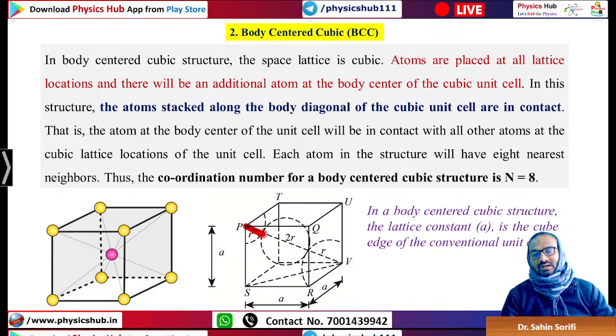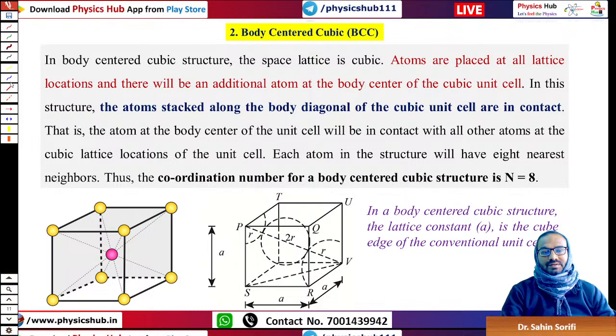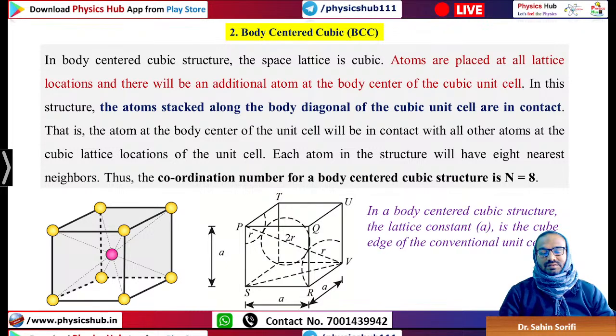So you can see r plus 2r plus r, that is 4r. Now the lattice parameter is the same, a. This edge is a, this is a. So this hypotenuse will be root 2 a.